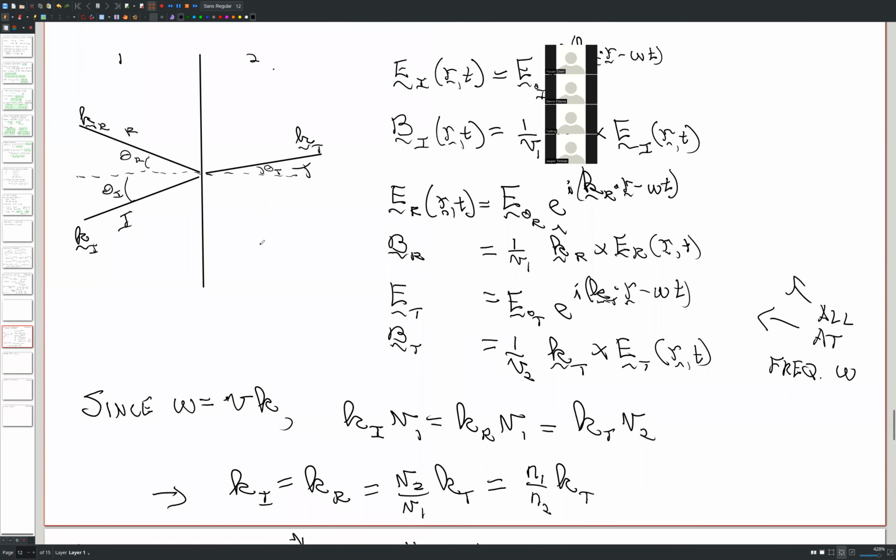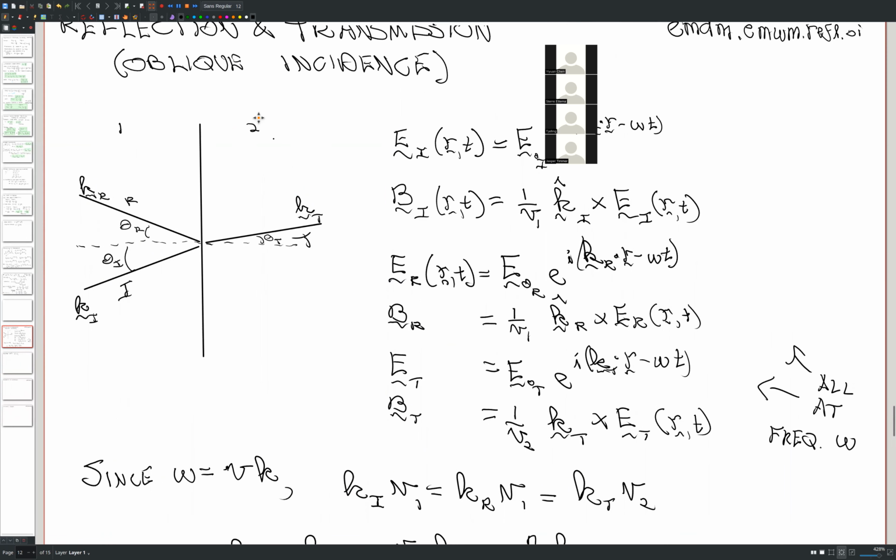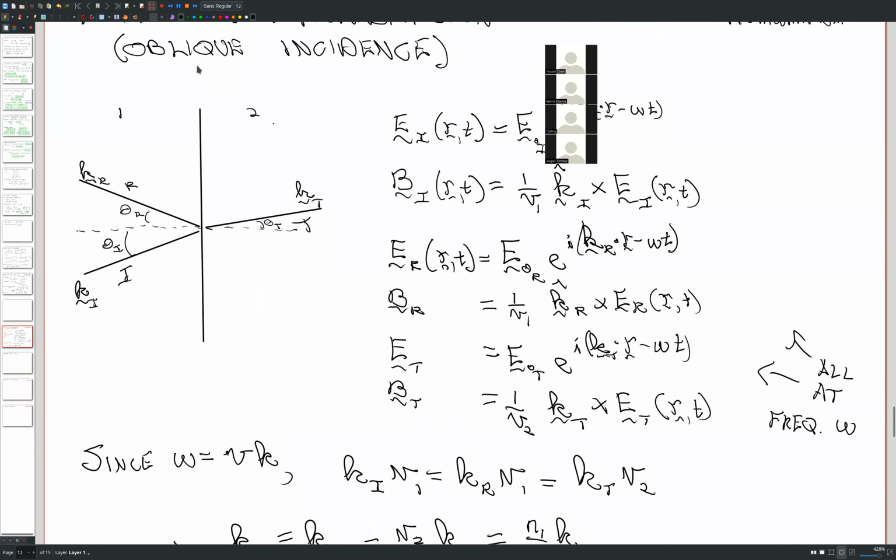Just to be clear, we can make a choice of our directions. Maybe we're going to use the same conventions that we had before: this was the x-axis, the outgoing vector was the y-axis, and this was the z-axis. This is really the same choice that we had made before.